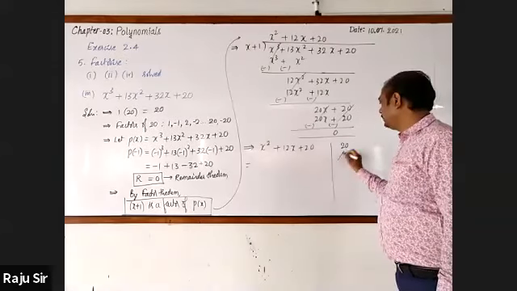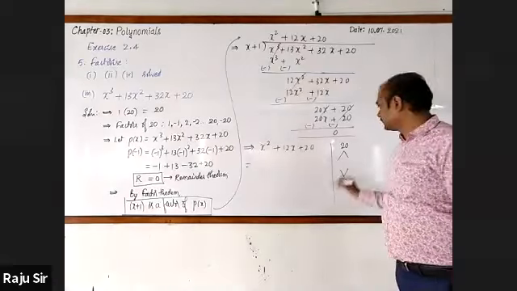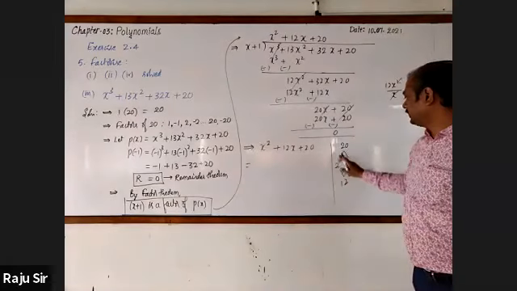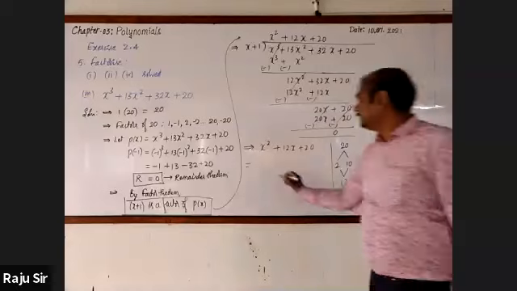Multiply the first and last term: 20. The middle term is 12, and the factors are 10 and 2. 10 twos are 20, 10 plus 2 is 12.